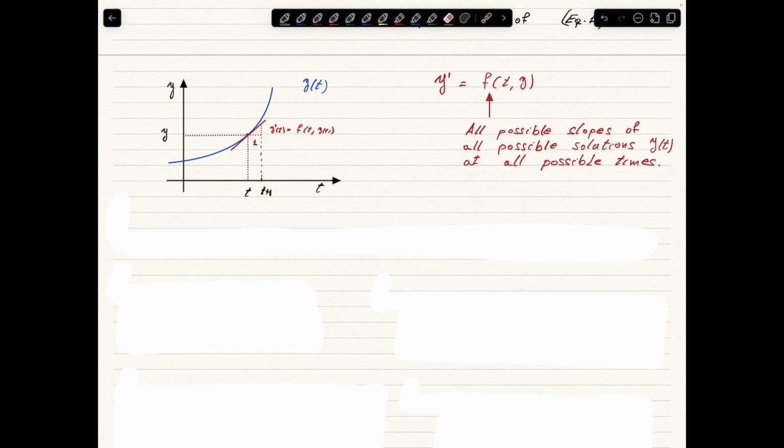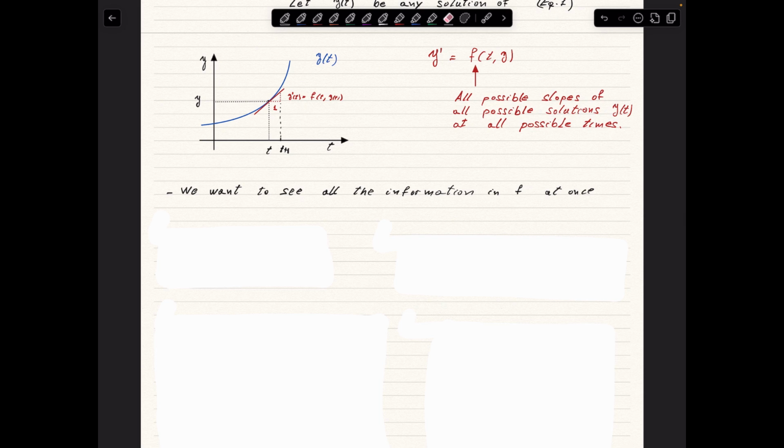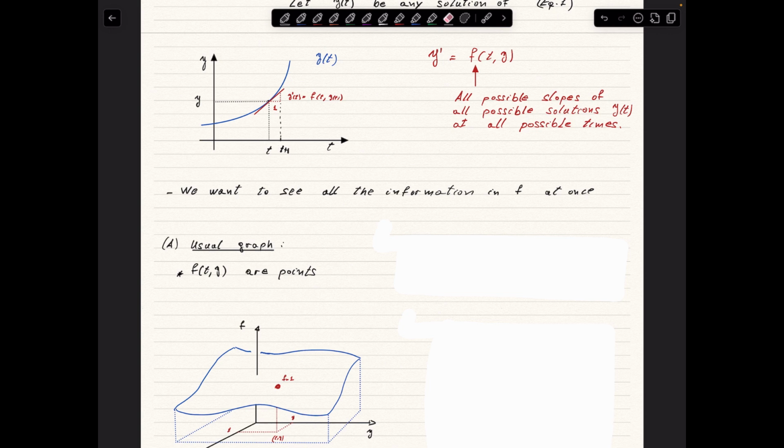Can we, for example, see all that information at once? Well, one way to visualize all this information at once is to graph all these points. If we do it in the usual way, here are the points.